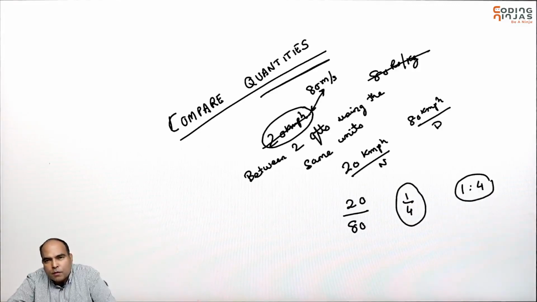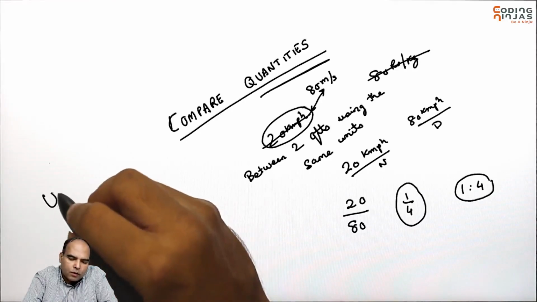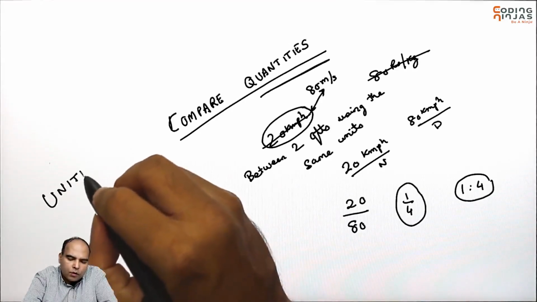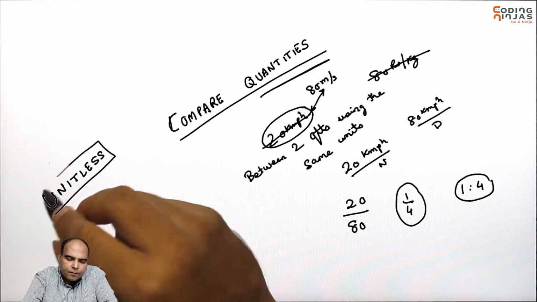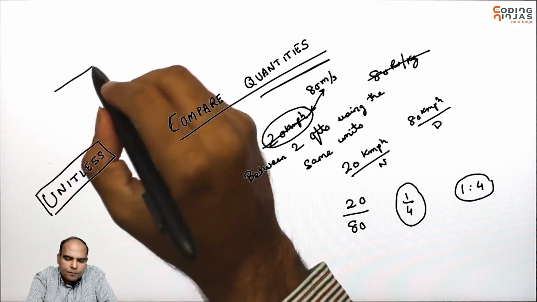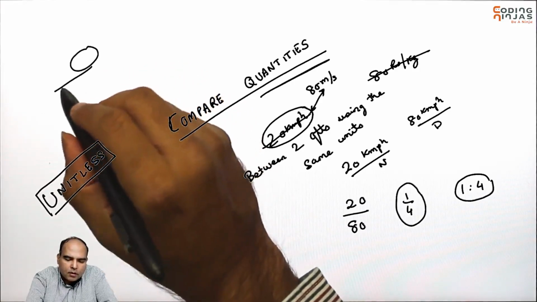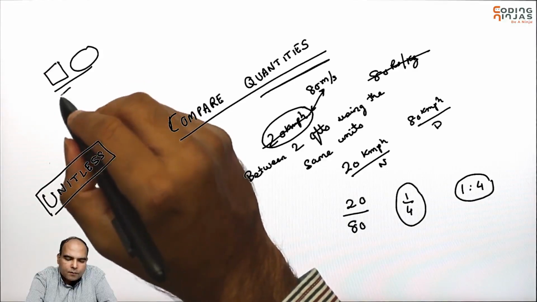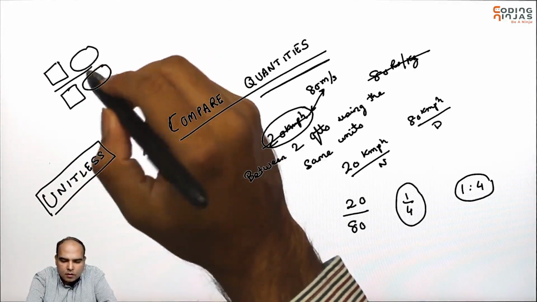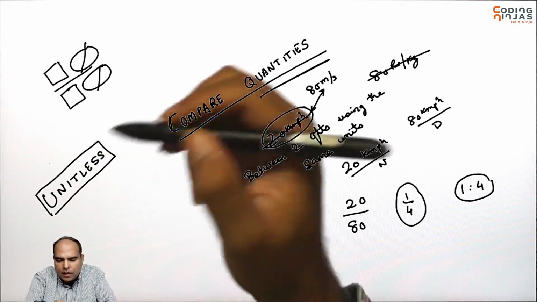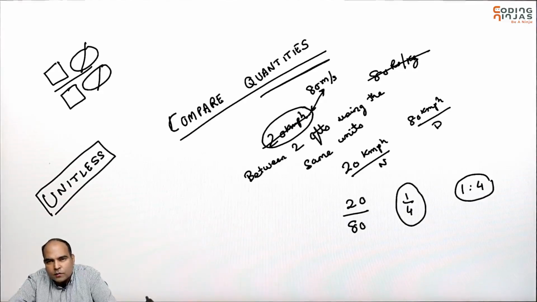So the first principle of a ratio is that it's always a unitless quantity. A ratio is always a unitless quantity because when you divide a number in some units by another number having the same units, the units will cancel out, and hence ratios are always unitless.